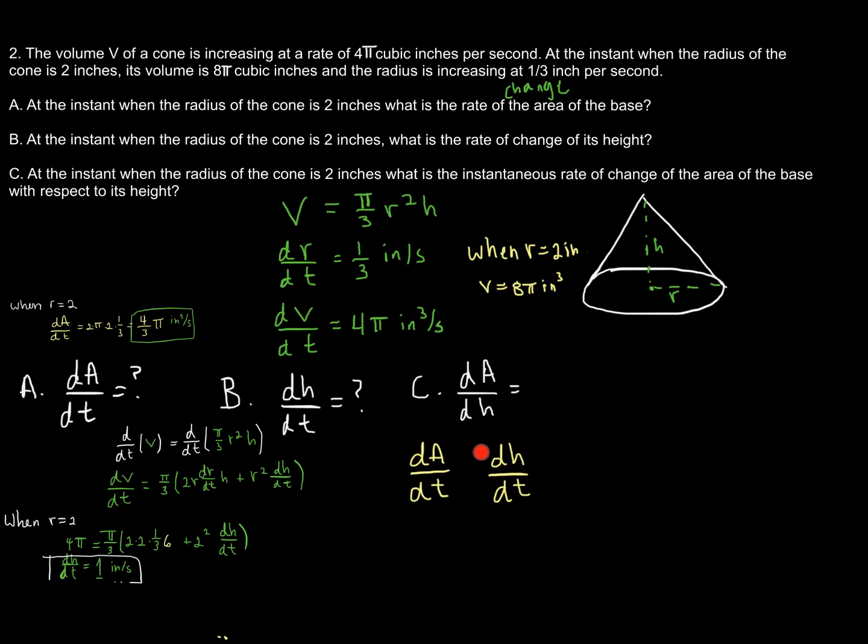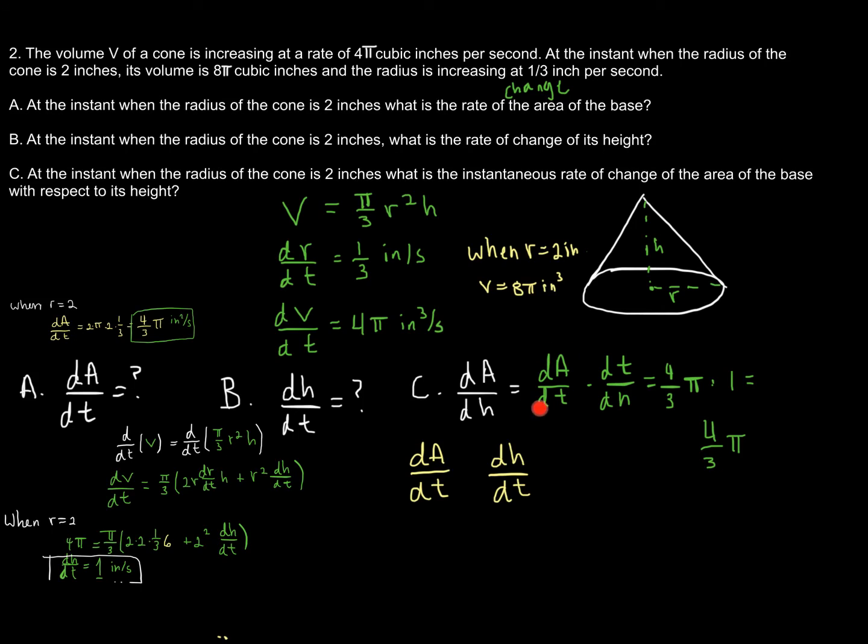So we need this dh to be in our denominator. And notice that both of these derivatives are with respect to time. So if I were to think of these as just fractions, and I were to take the reciprocal of dh/dt, it would be dt/dh. Multiplying those two rates of change would then allow me to cancel out the time component and to simply have the rate of change of the area with respect to the height.